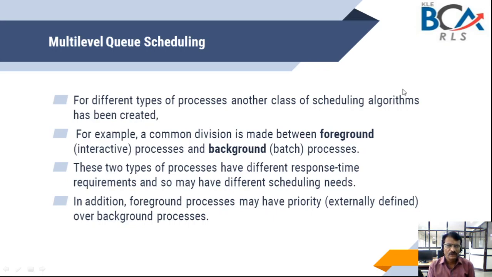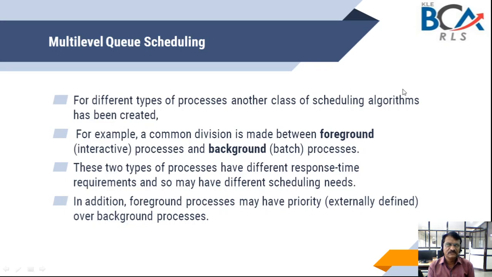We need to understand that these types of processes have different response times, because foreground depends on interaction, whereas background depends on internal events and interrupts. So they may have different scheduling needs, right?